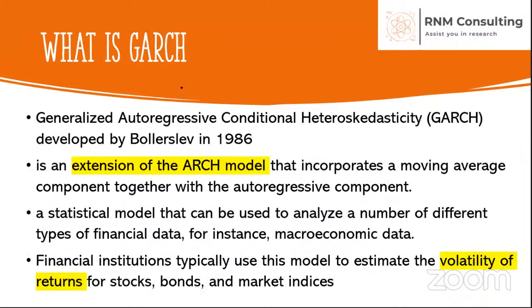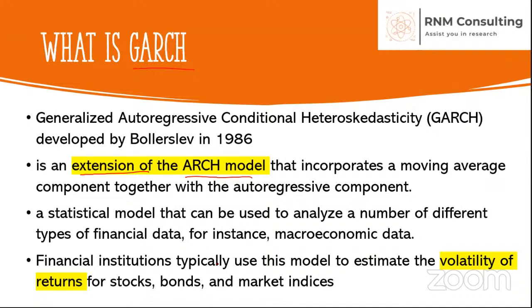And we have also heard about the GARCH. GARCH is like part of ARCH. It is an extension of the ARCH model. It is the generalized autoregressive conditional heteroscedasticity developed by Bollerslev in 1986. Because it is an extension of the ARCH model, we can apply it to financial data also.